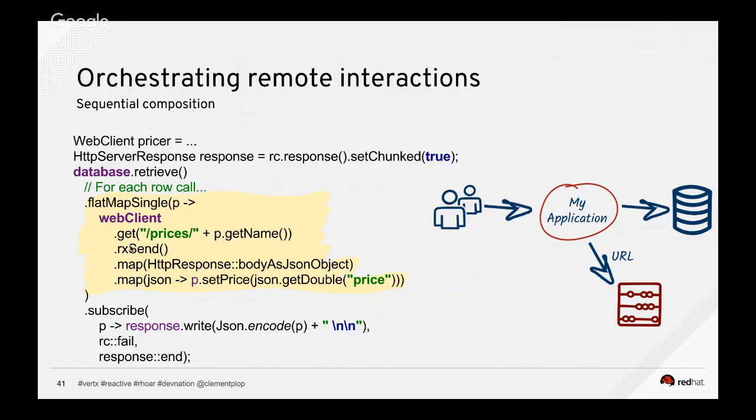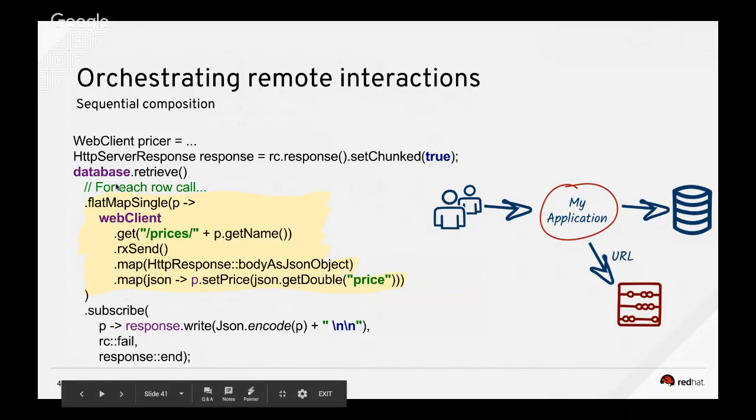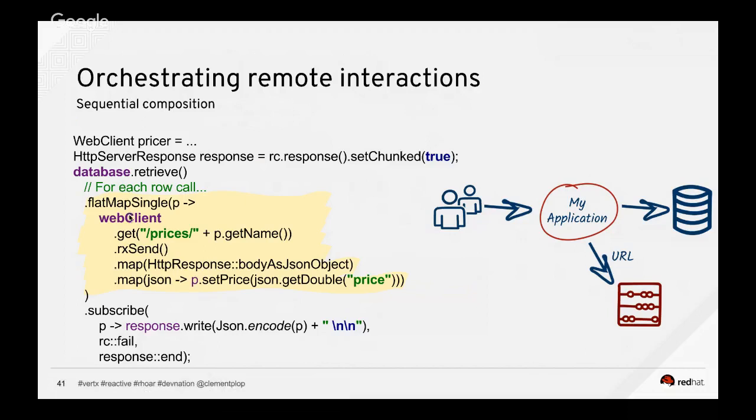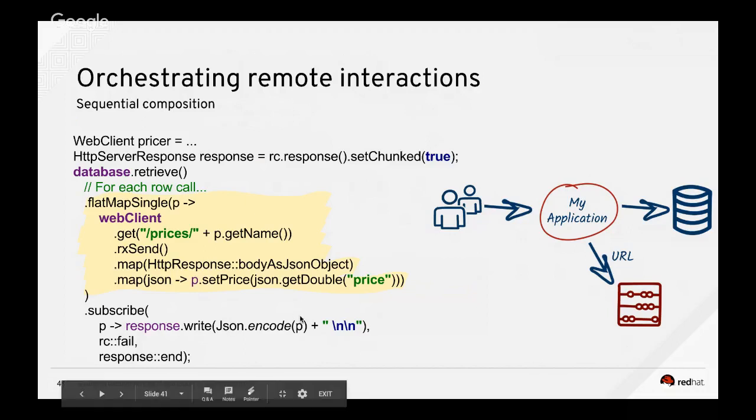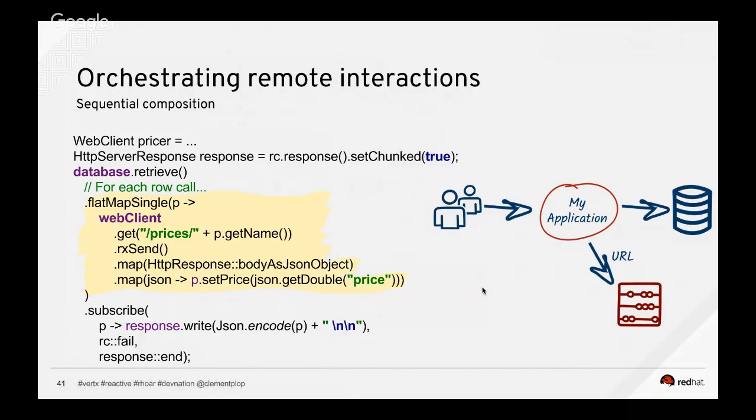So I get the price, I extract the price from it, and I produce a product out of that, and the rest of the code doesn't change. Pretty cool, because for each product, I'm going to use a web client, fine. All is non-blocking and asynchronous, and everything is fine. And as soon as I have the first response, or the sequence of responses, I'm writing the product inside my HTTP response, and so on, using my chunked response.